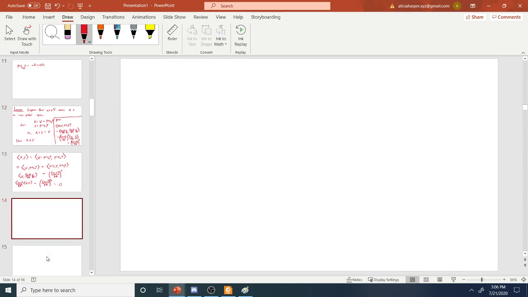The picture that you should have in mind for it is that if this is v and this is u, then the vector projection is precisely this vector. This is proj of v onto u.